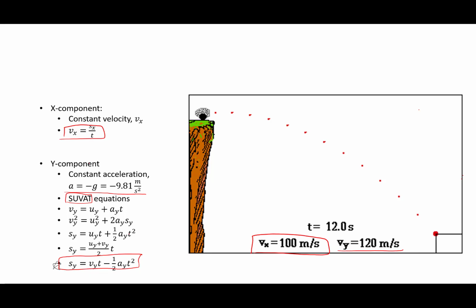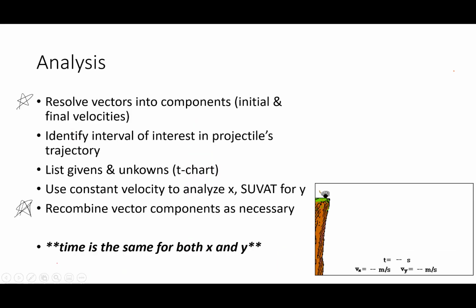So our strategy for solving projectile motion problems is to break all of our vectors into horizontal and vertical components, which really just means our initial and final velocities. We'll go over how to do that later. Then we want to identify the interval of interest in our projectile's trajectory. That usually means drawing a diagram and figuring out what's going on at the beginning and end. Then we're going to list our givens and unknowns in a t-chart.